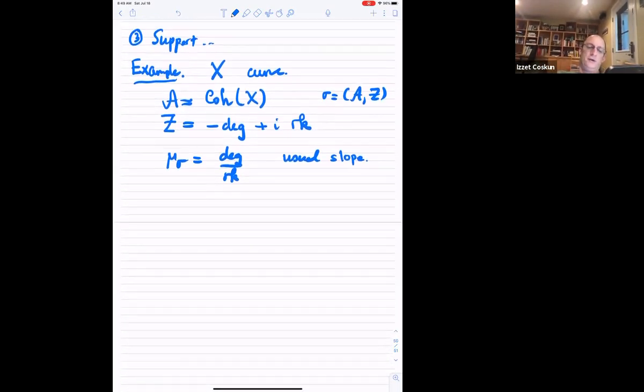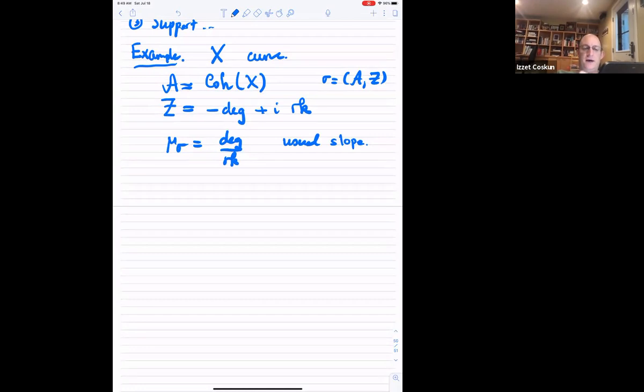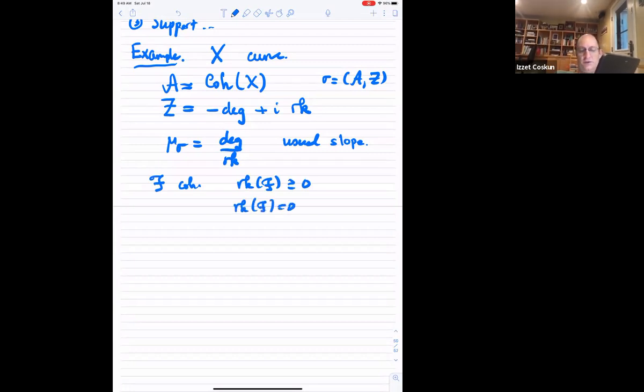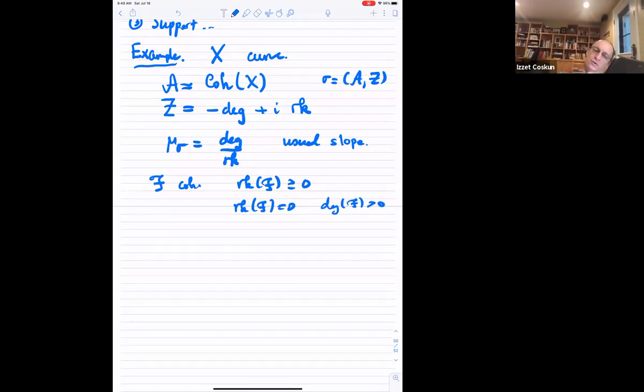So if you have a coherent sheaf, its rank is positive unless it's torsion. If you have a coherent sheaf F on the curve, then the rank of F is always greater than or equal to 0. And if the rank of F is equal to 0, then it's torsion, so the degree of F is positive. So you see that this function satisfies the positivity, unless the sheaf is 0, in which case of course the degree is 0.